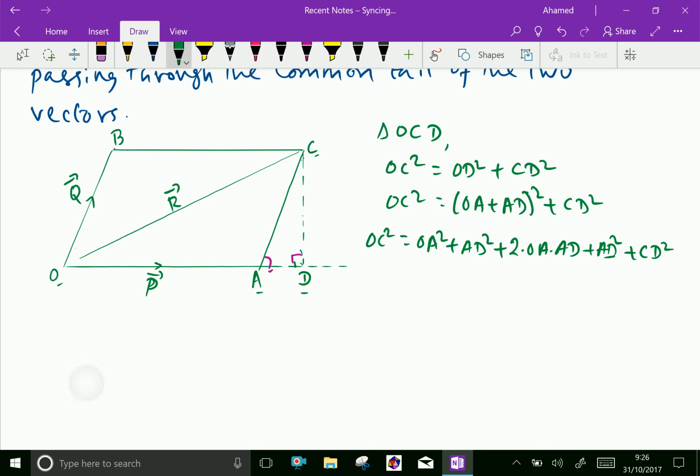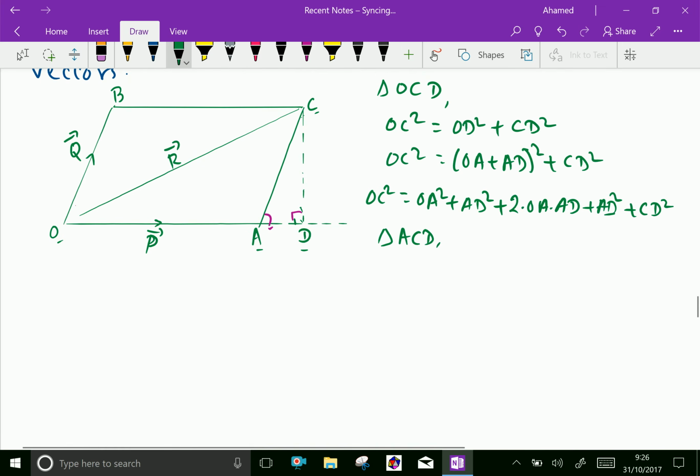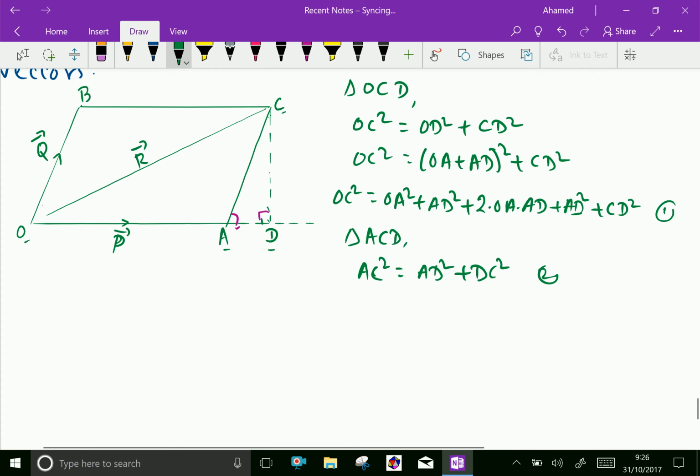Now from right angled triangle ACD, we can say by Pythagoras, AC square equals AD square plus DC square. Keep this as 2 and the earlier one as 1.